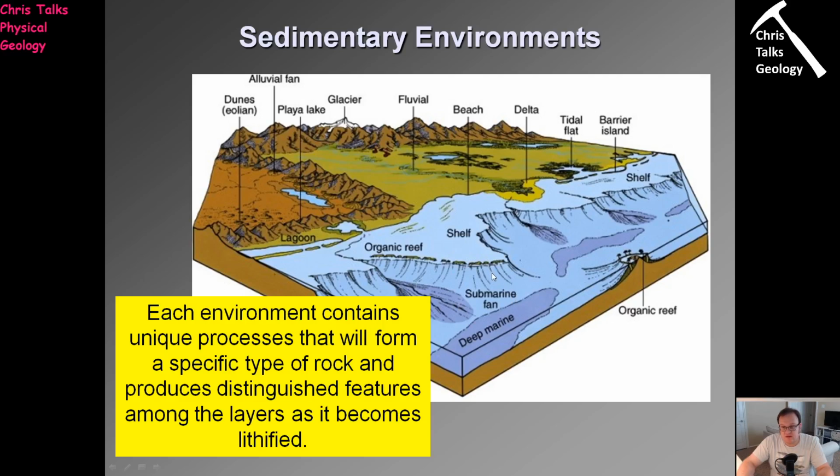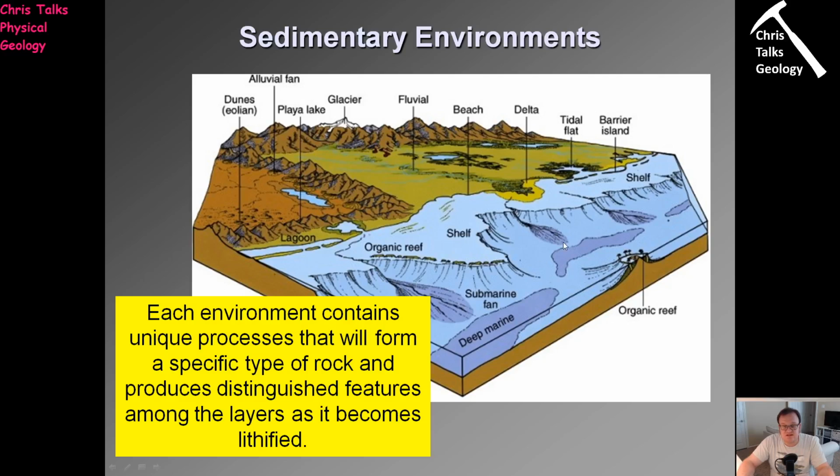We have the continental slope here. At the bottom of the continental slope we have submarine fans forming. They are produced by mass flows or landslides of material as it comes pouring off the shelf and comes down the continental slope, and eventually those fans will come to rest in this environment down here, which we refer to as the deep marine, also sometimes referred to as the abyssal plain.